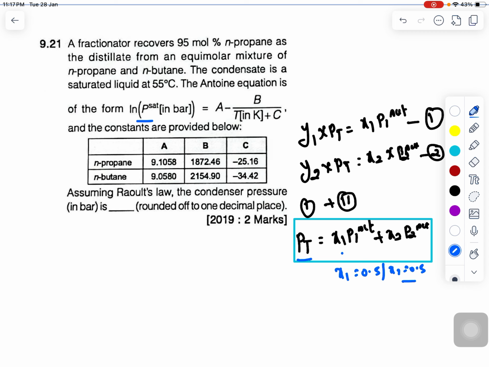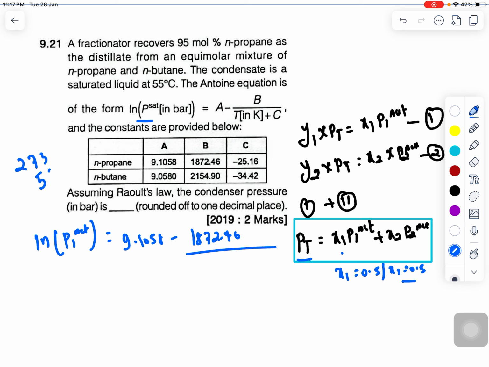If I calculate the Antoine equation, ln P1 sat for component A, n-propane, can be written as 9.1058 minus 187.426 divided by the temperature, which is given as 55 degrees centigrade. You have to convert it into Kelvin, so 328, minus 25.16.